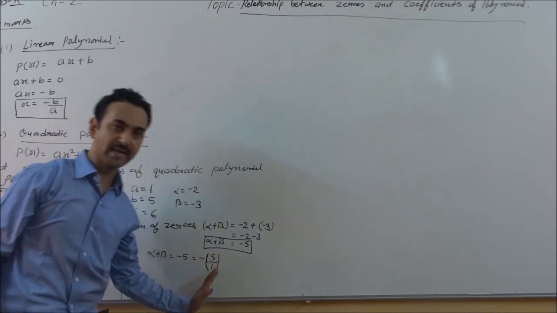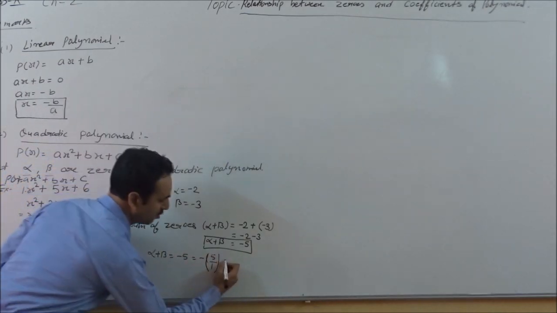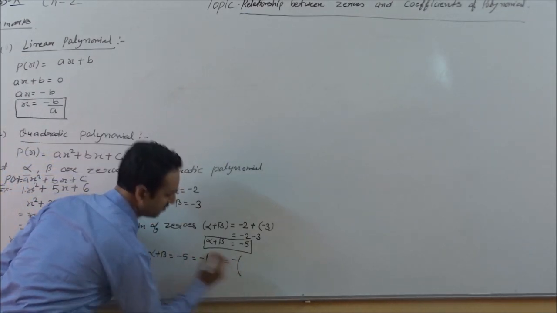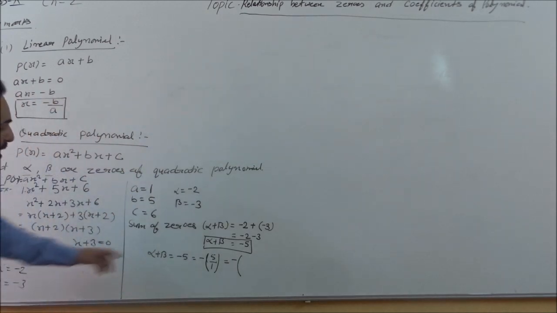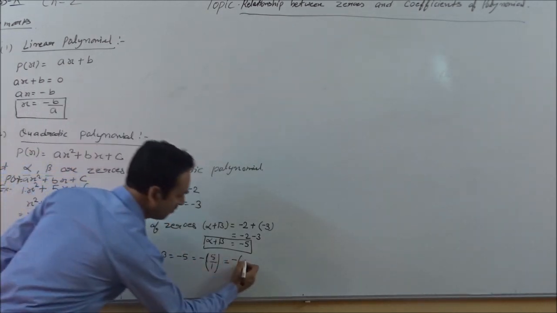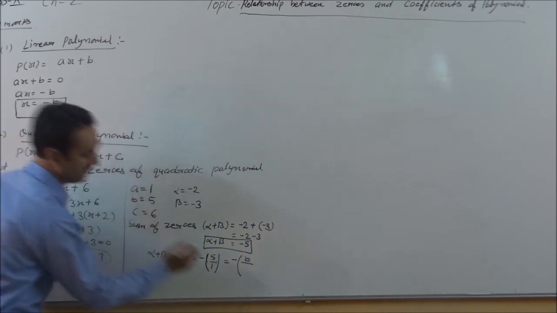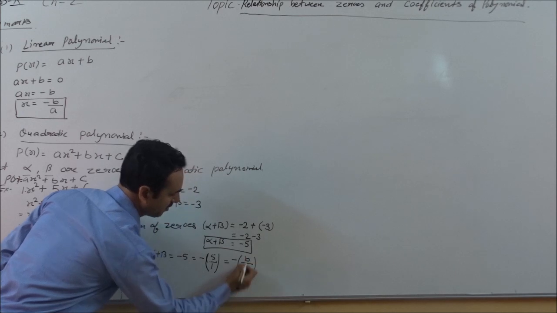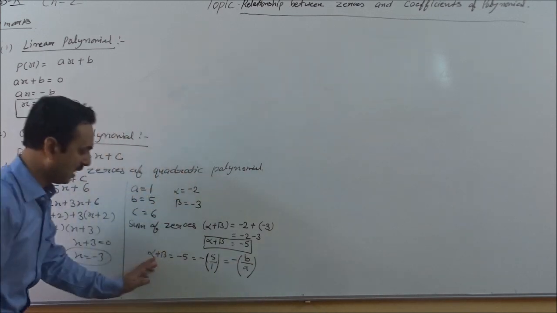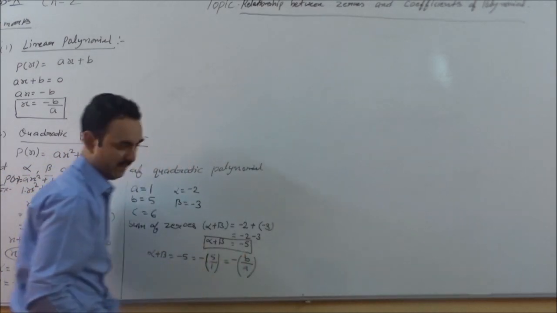So you can see minus will be outside, and what is 5? 5 is b. And what is 1? 1 is a. It means alpha plus beta is equal to minus b upon a.